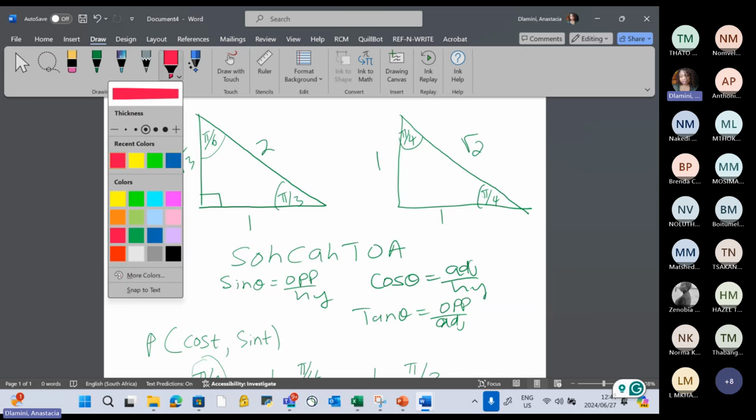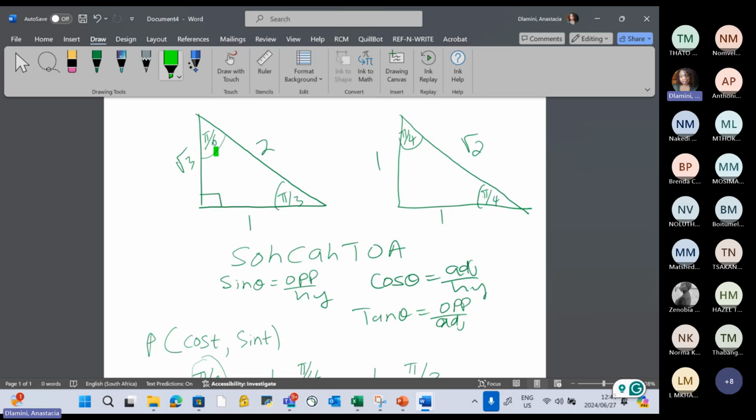Let's go back if we forgot. Something that is opposite: if I'm standing here and I draw a line like this, then this side is opposite to this angle. If I draw a line like this, then this side is opposite to this angle.